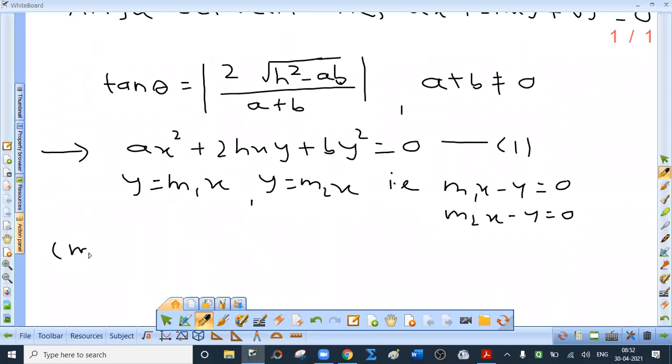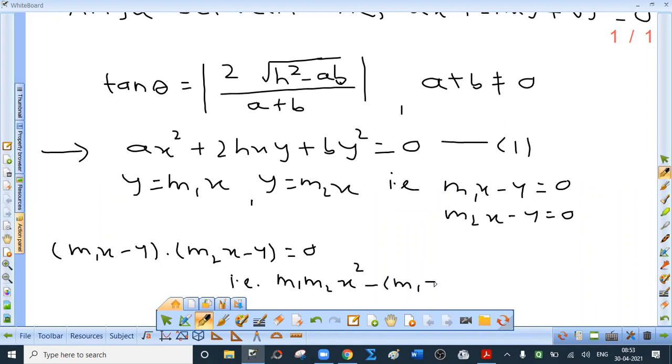The joint equation will be (m1x - y)(m2x - y) = 0. Now if you open the bracket and rearrange the terms, you get m1 m2 x² - (m1 + m2)xy + y² = 0.